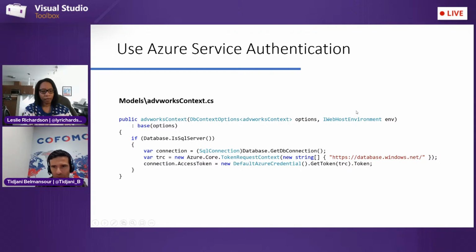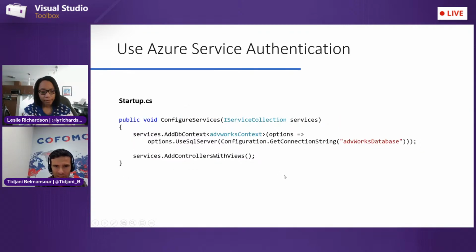So the account I picked in my Visual Studio will issue a token request command to obtain a token and pass that token as the access token to the database.